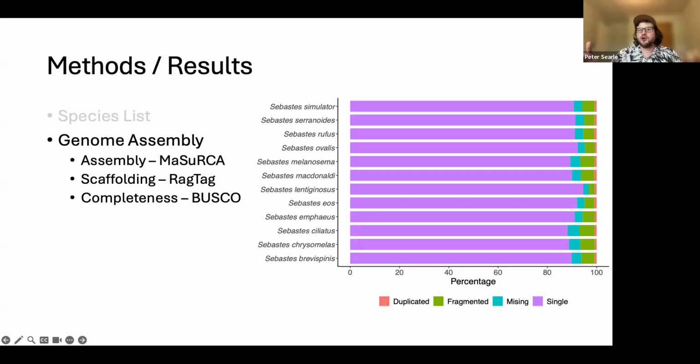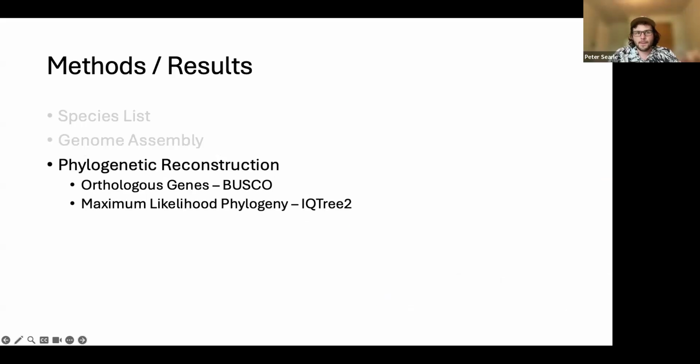And then a program that a lot of people use to assess completeness of genomes is called Busco, and so I used that program. It really is just comparing what you have versus a list of genes that you would expect to find in any genome. What I found is that overall, many of these genomes are high quality, with the majority having 90% or more of these single copy Buscos.